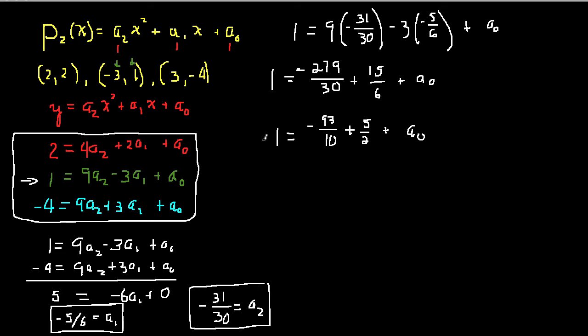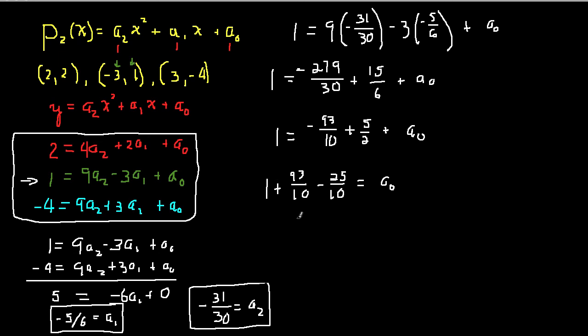Okay, so let me bring these over to the other side of the equation. I get 1 plus 93 over 10 minus 5 over 2. Let me put that over 10. Multiply numerator and denominator by 5, so that becomes minus 25 over 10. Okay, and that's equal to a0.